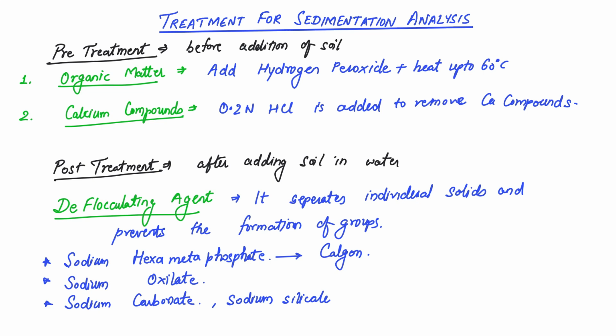After that, we moved to the particle size analysis of fine-grained soil using sedimentation analysis, its principle, the pipette method and the hydrometer method. We then learned about the corrections given for the hydrometer reading, and this final lecture covered the treatments given while performing the sedimentation analysis for the soil. So that's all for the particle size distribution.